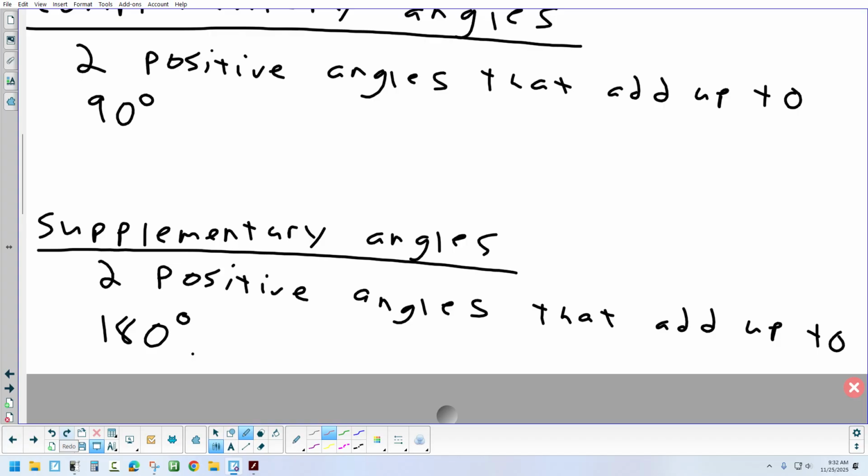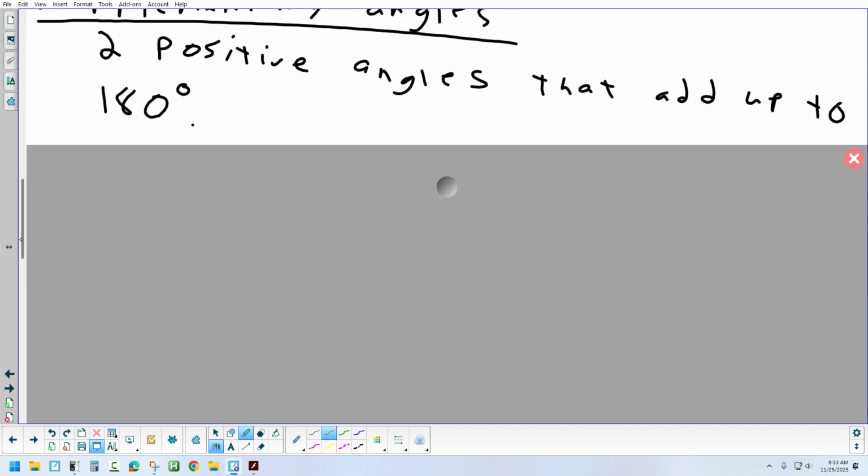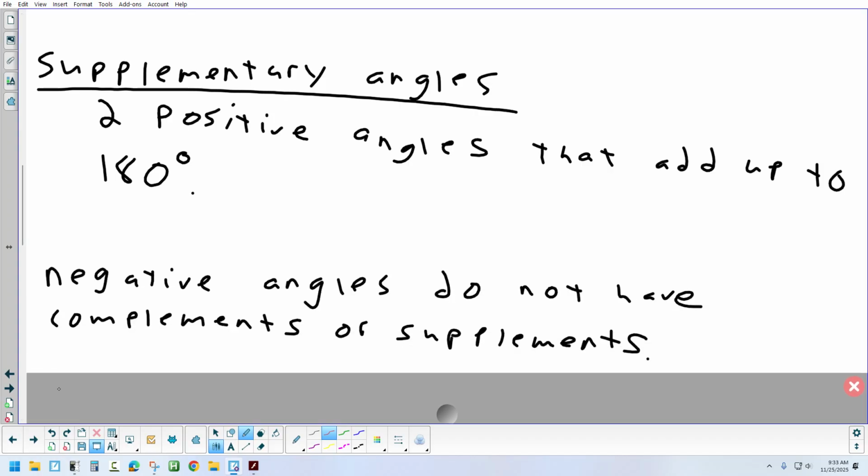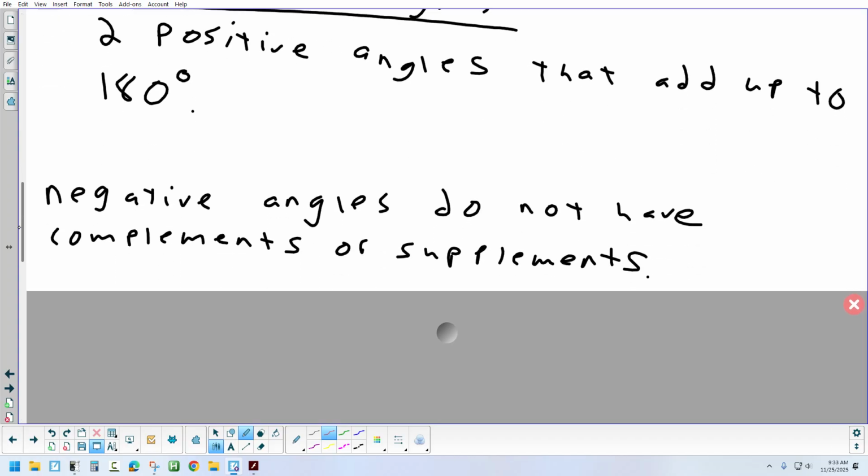So supplementary has to be positive angles that add up to 180. Negative angles do not have complements or supplements.